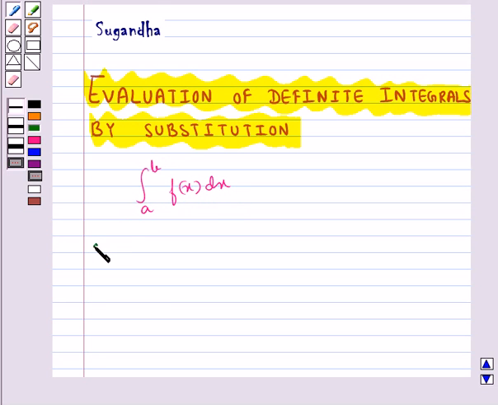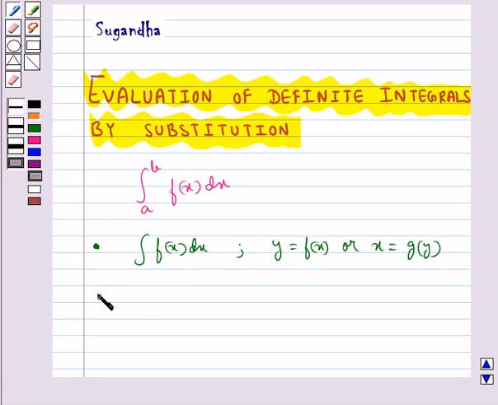In the first step, we consider this integral without limits, and we substitute y equal to f(x) or x equal to g(y) to reduce the given integral to a known form.